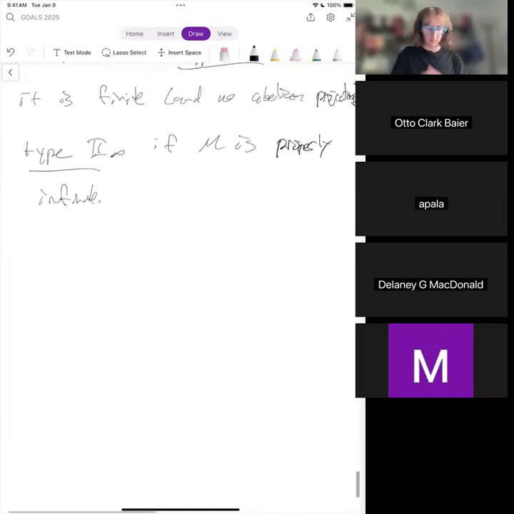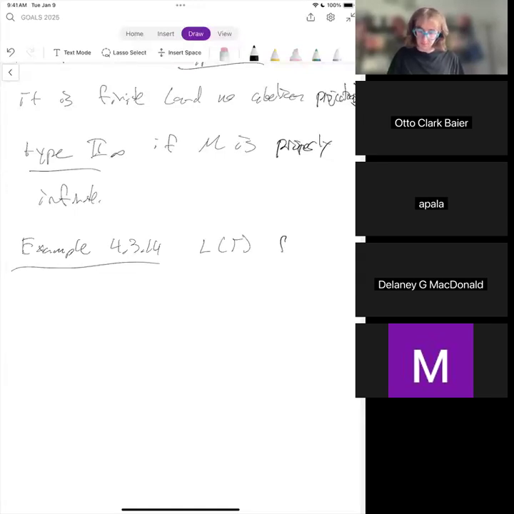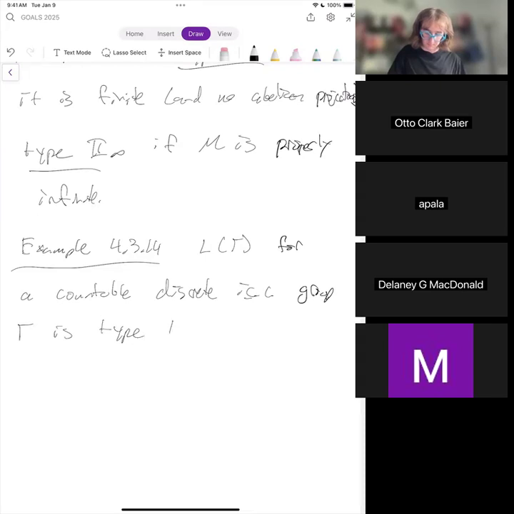And so really the quintessential example of a type 2 1 factor is the group von Neumann algebra for a countable discrete ICC group gamma, which is type 2 1.